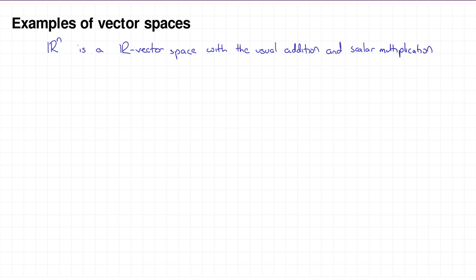So first of all, as we've just mentioned, R to the n is a real vector space, so an R vector space, with the usual addition and scalar multiplication and the usual zero vector.